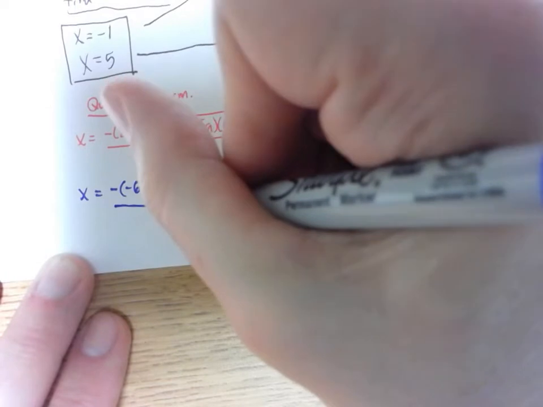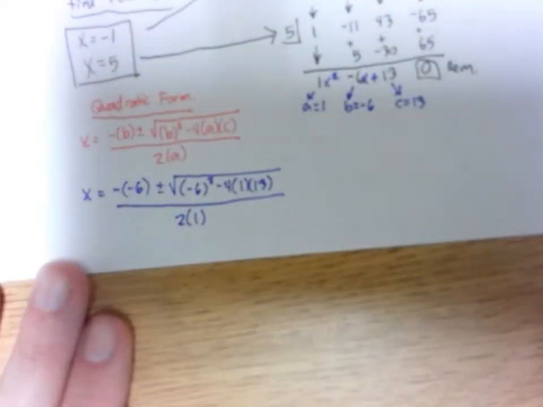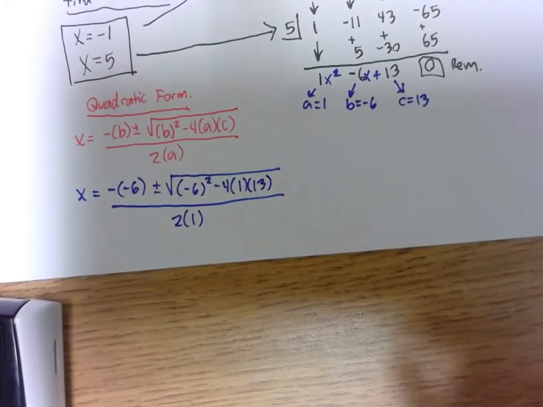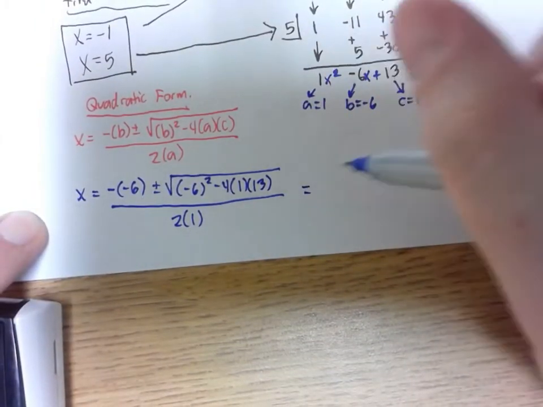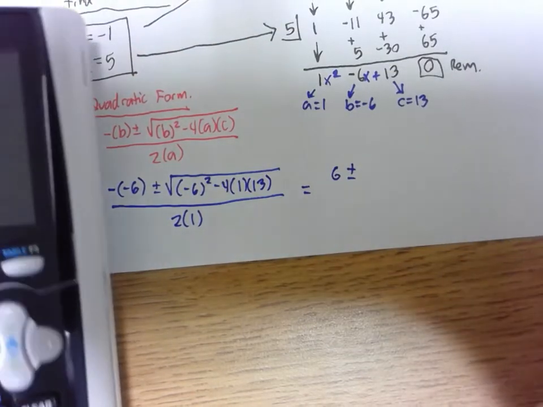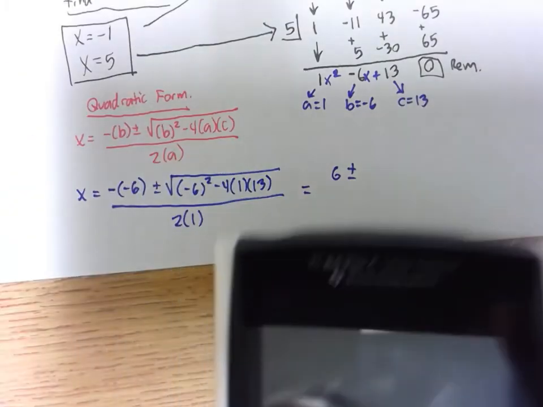C is 13. All over 2 times a, which is 1 again. A happens to be 1 quite a bit in these. So let's simplify that. That's going to be positive 6 plus or minus. I like to do the inside of the square root first. So let's see, what do we get?